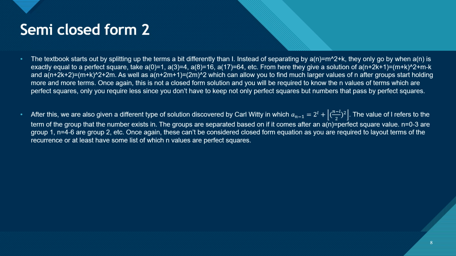And once again, you're still required to know some of the recurrence values, which defeats the closed form purpose. Along with that, we also have a of n minus 1 equals 2 to the power of l plus the floor of n minus l divided by 2 squared, where l is the group that the a of n terms fall under.